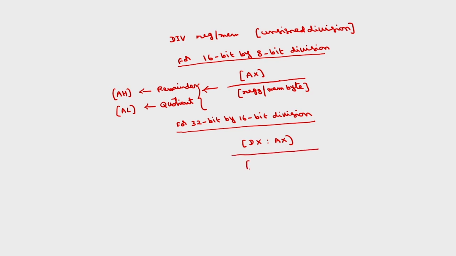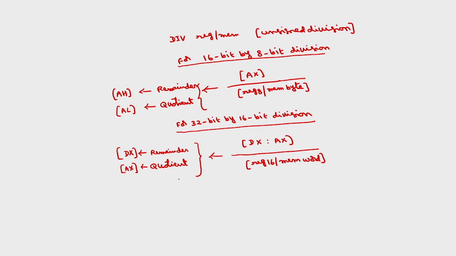And then the divisor will be 16 bit register contents or memory word. Again, the result of this one: the remainder will be stored in the higher order register, which is DX, and quotient will be stored in AX. This is about 16 bit by 8 bit division and 32 bit by 16 bit division.